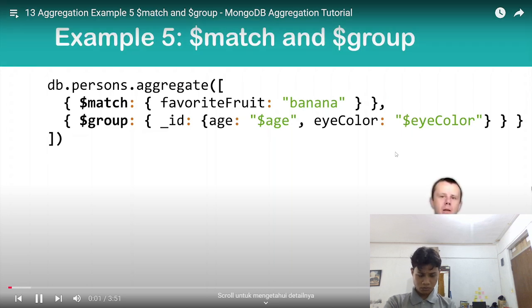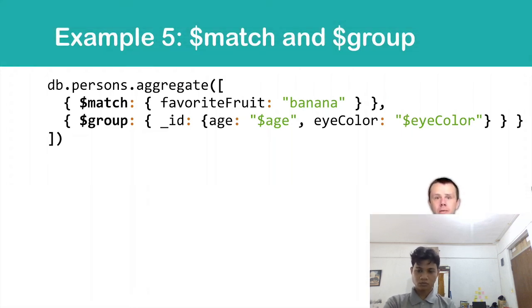Let's now combine match and group stages. In this example, we will first use the match stage, where we will find all documents with favorite fruit banana. And next, the group stage. And finally, we will get documents with _id that will have an embedded document with two fields, age and eye color.